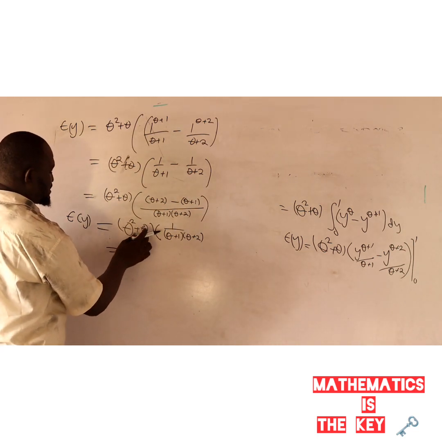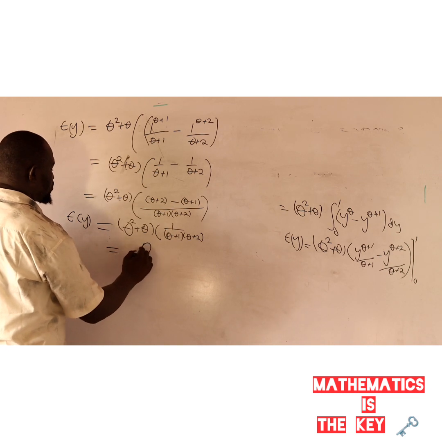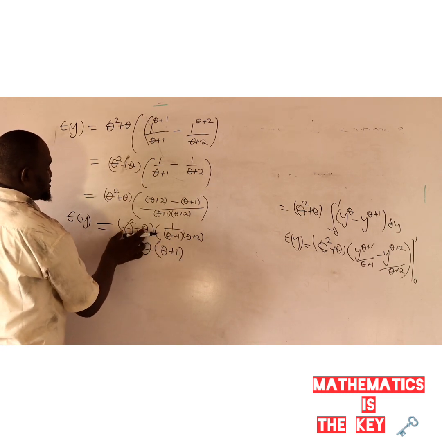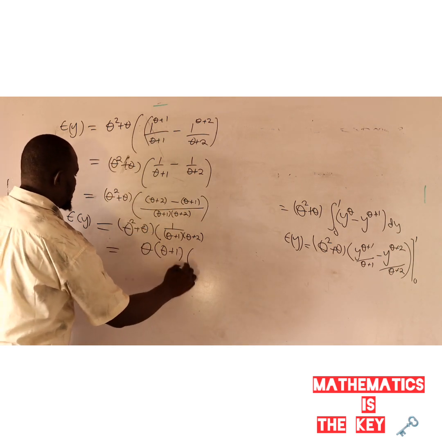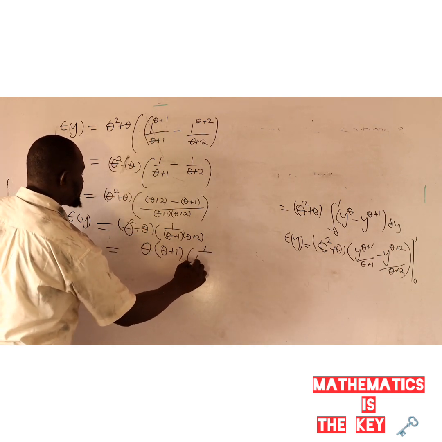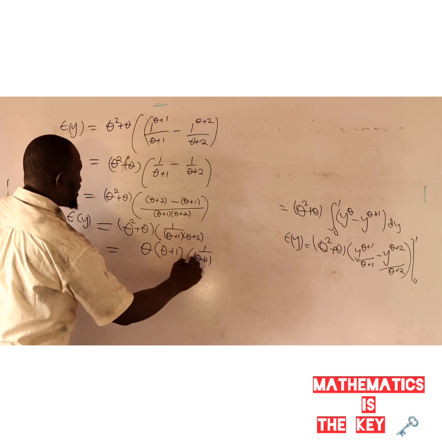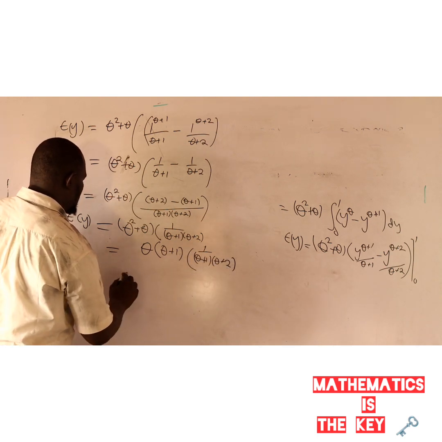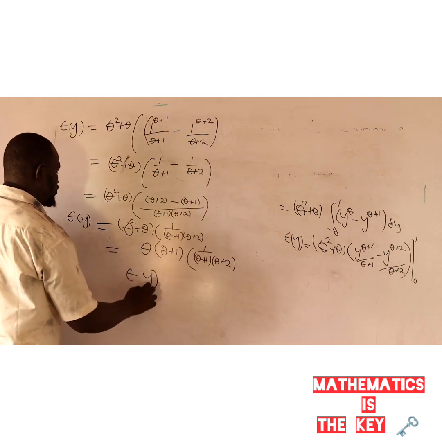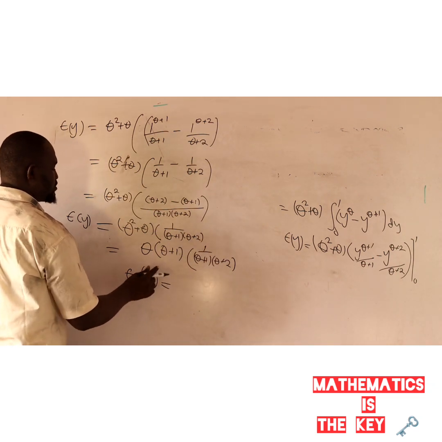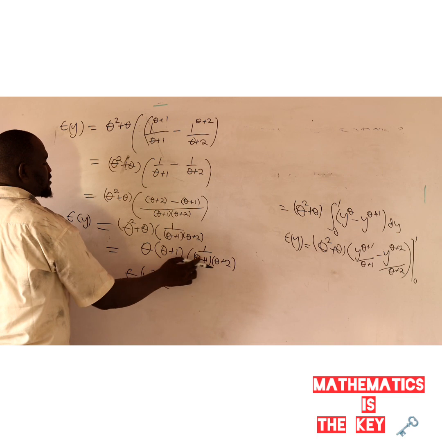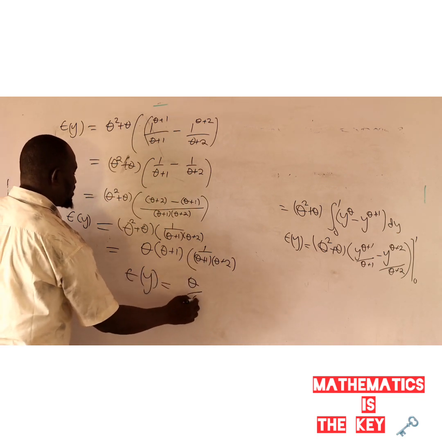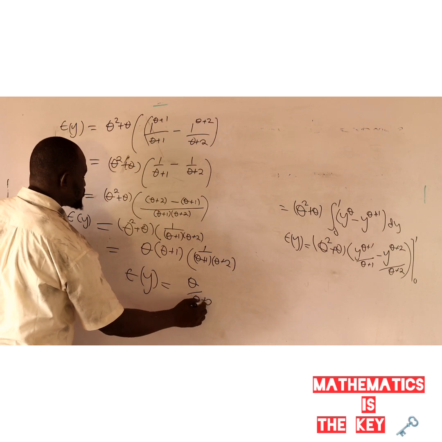So simplify this here, theta is common. We'll have theta into bracket theta plus 1, right? Simplify this. Now into bracket we have 1 all over theta plus 1. Then in another bracket we have theta plus 2. That means our expectation of y is equal to, theta plus 1 will cancel theta plus 1, we'll have only theta all over theta plus 2.